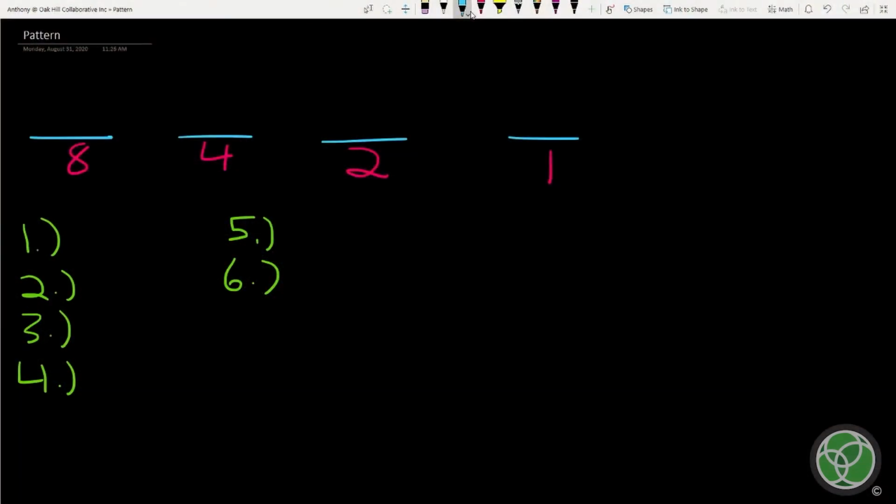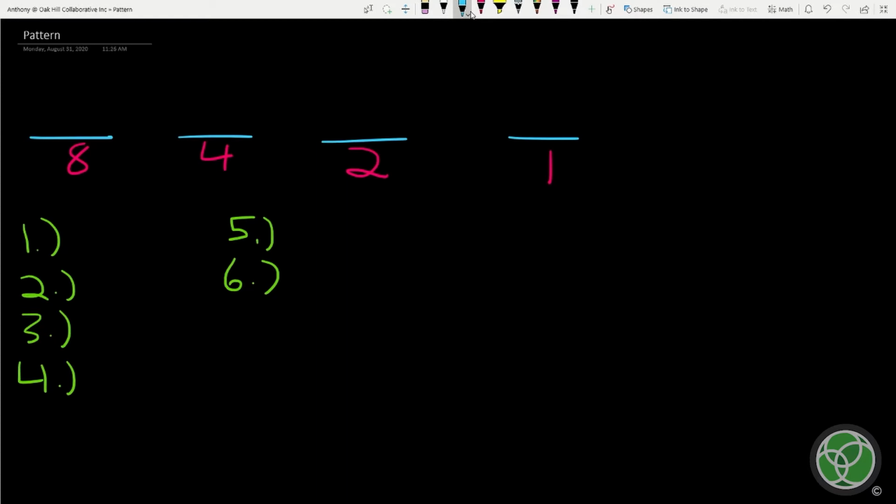Now we're going to count to 6 in binary. When you look at the binary system, I want you to think of zeros and ones like off and on switches for number places. 0 meaning off and 1 meaning on. So let's start by looking at number 1. So I have this number 1 right here, and I'm going to try and recreate that number 1 in binary by looking at my places.